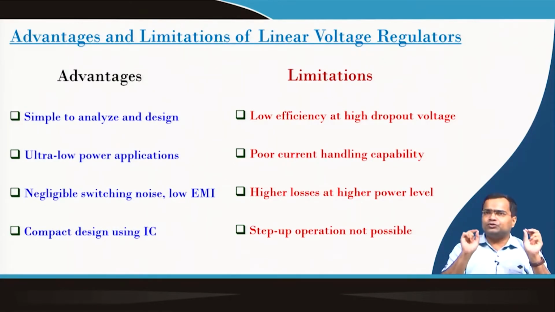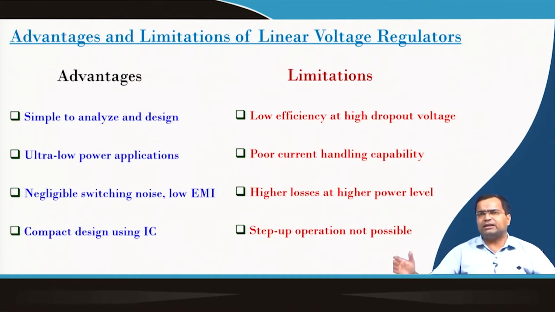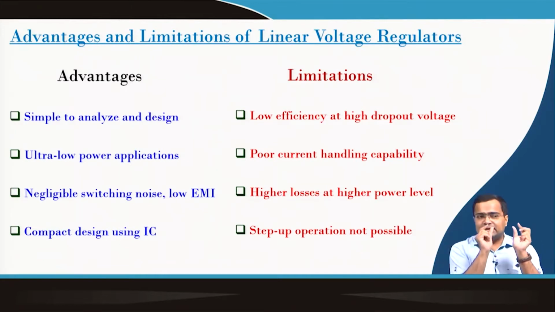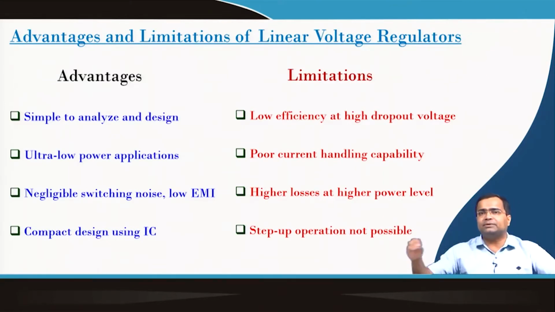We should use more than one, so that the first stage can be 12 to let us say 8 volt, and the second stage 8 to 3.3, or we can even divide into multiple pieces, because at each stage the dropout voltage across the transistor should be smaller, so that the heat dissipation can be distributed among multiple stages. But as we increase the number of stages, efficiency further reduces.